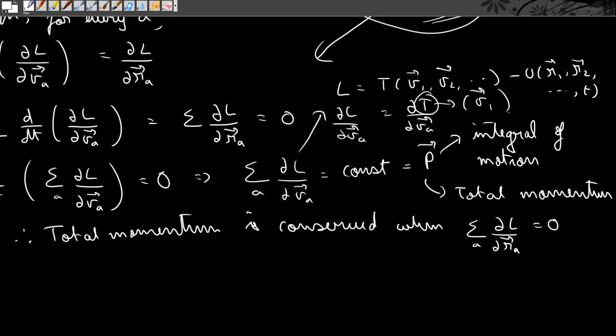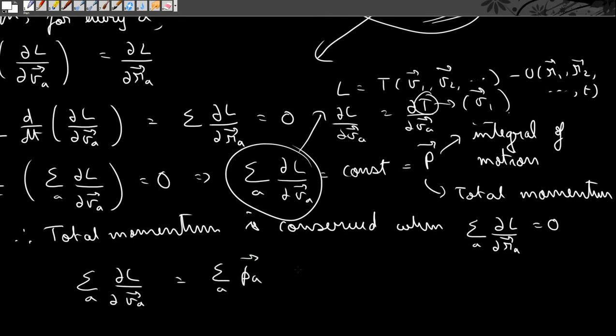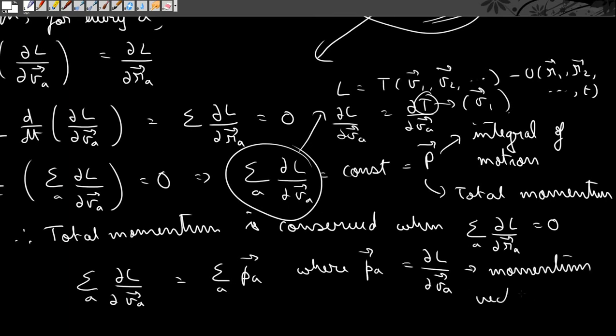We are again going to denote this summation over a of dou L by dou Va as summation over a of Pa, where Pa vector is defined as dou L by dou Va. This is the momentum vector for the ath particle.